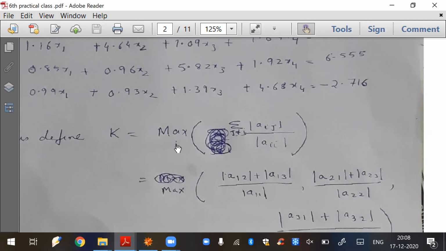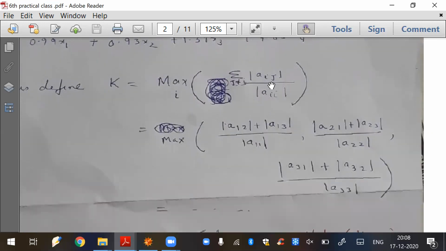Again, I fix i equal to 2. Then I get mod of a21 plus mod of a23 plus mod of a24, divided by mod of a22. Similarly, if I take i equal to 3, then mod of a31 plus mod of a32 plus mod of a34, divided by mod of a33.